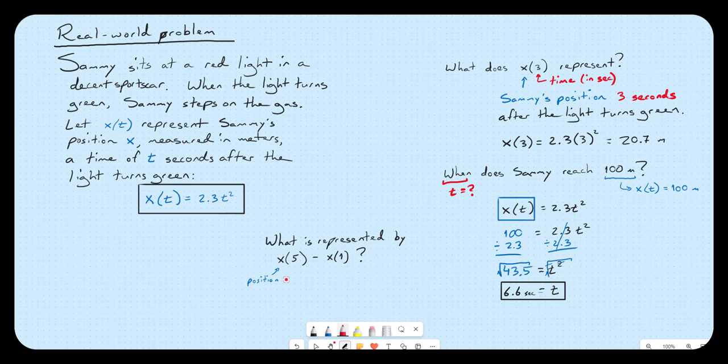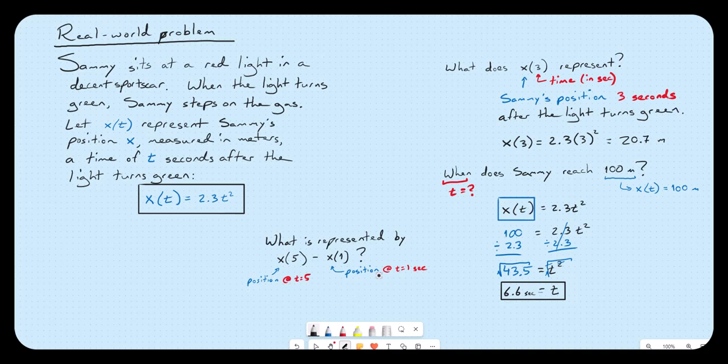X of 5 is the position at t equals 5, so the position 5 seconds after the light turns green. This one is the position at t equals 1 second. So it's where you are 1 second after the light turns green, or where Sammy is.